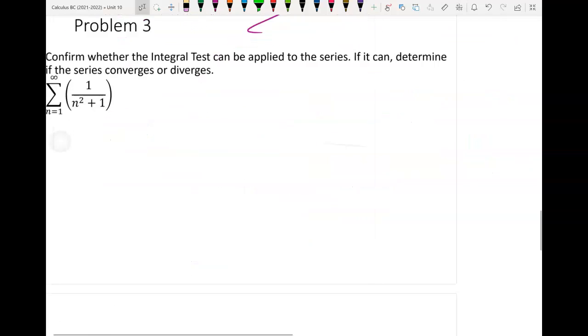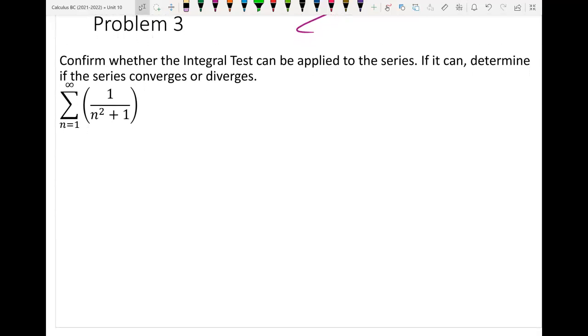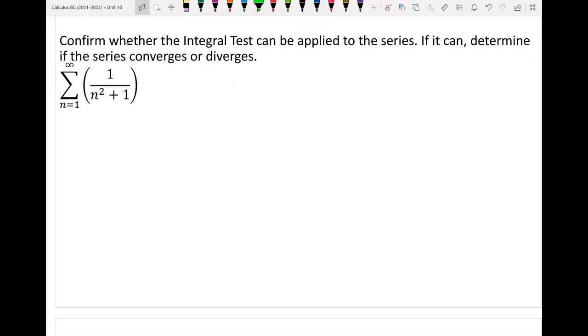Okay, let's try this one, guys. First off, see if it can be applied. If it can, see if it converges or diverges. Let's go ahead and look at this one. So it needs to be continuous, positive and decreasing, right? So is this always going to be continuous?